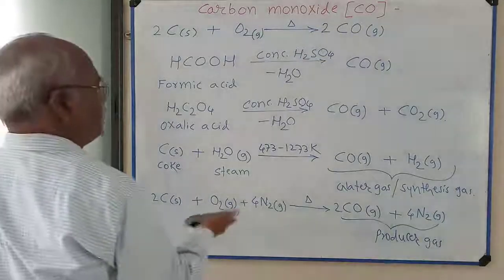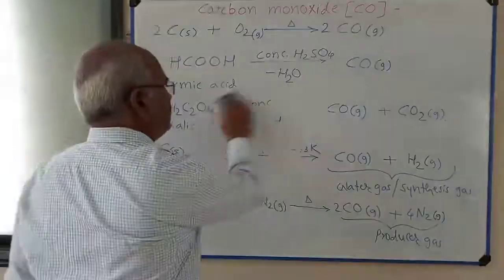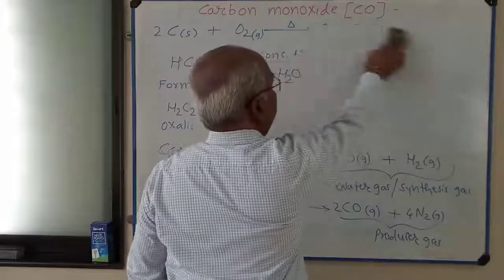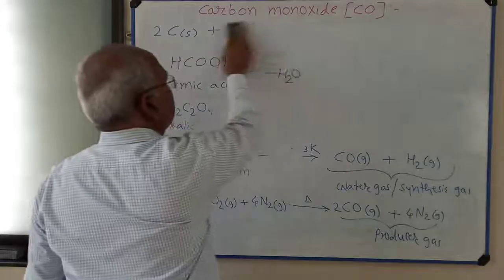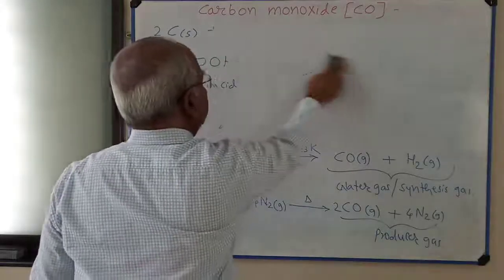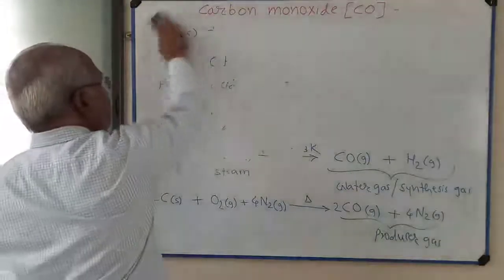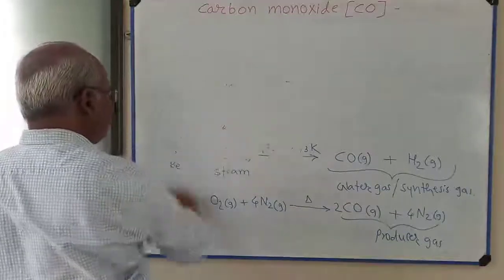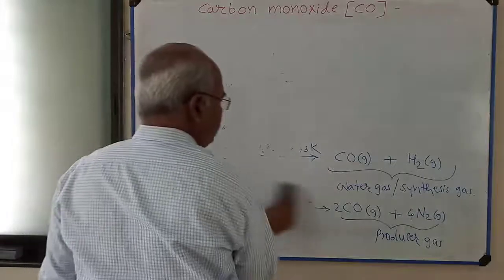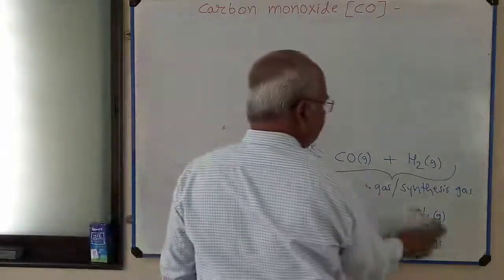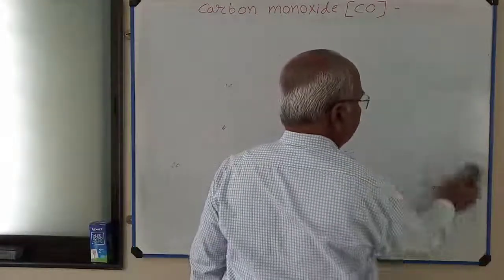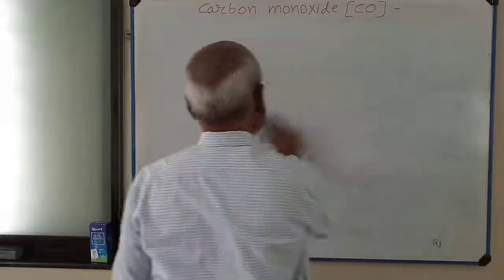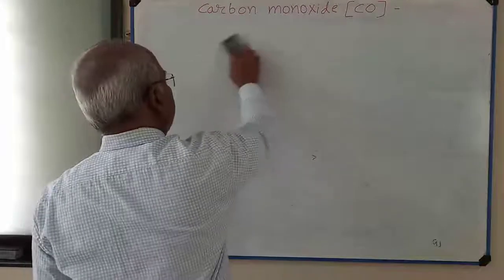properties of carbon monoxide. First property, carbon monoxide is a colorless, odorless gas. It is insoluble in water.